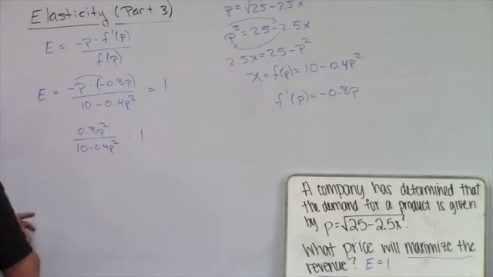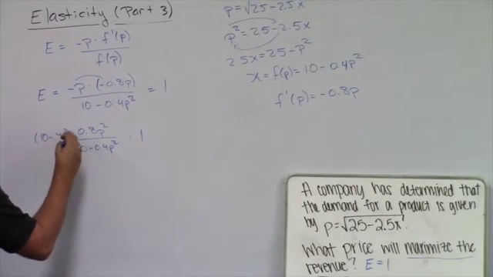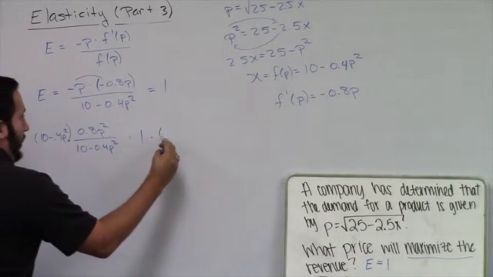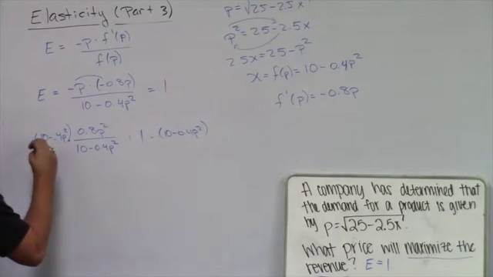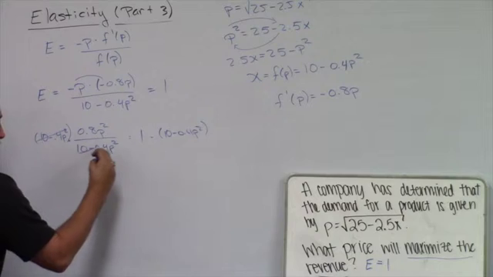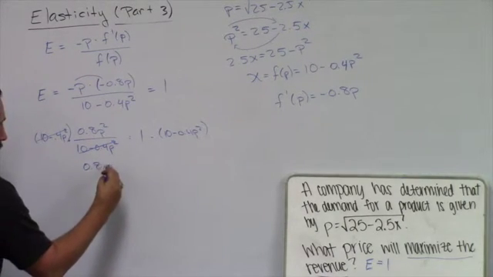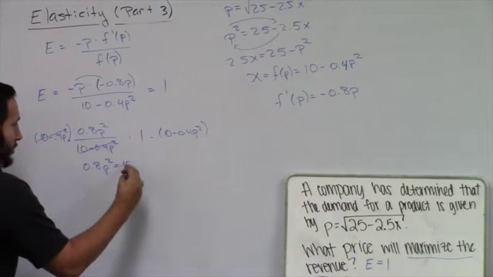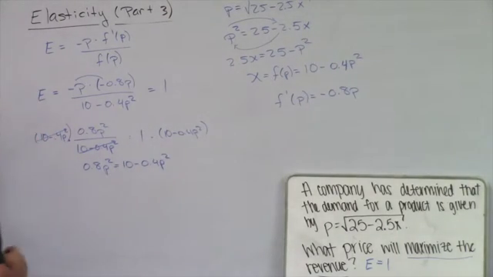So what we're going to do is multiply each side by 10 minus 0.4P squared. That way, these guys will cancel, and what I'll have is 0.8P squared is equal to 10 minus 0.4P squared.